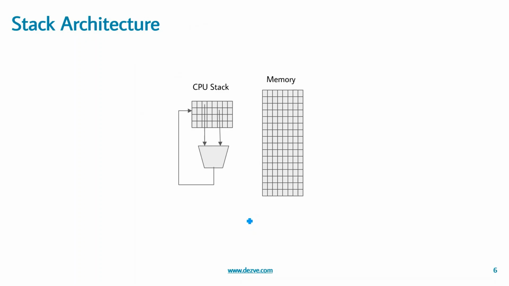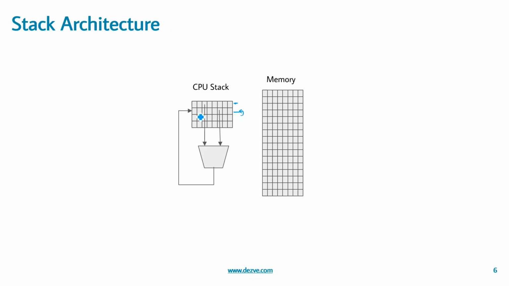In case of a stack based architecture, the operands are implicitly on the top of the stack. What we mean is, whenever an operation is performed, the operands are assumed to be present on the top of the stack, like these two, and then the result is again pushed back to the stack.